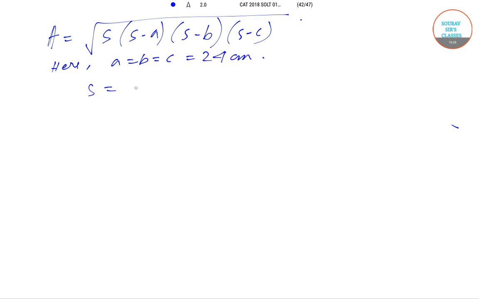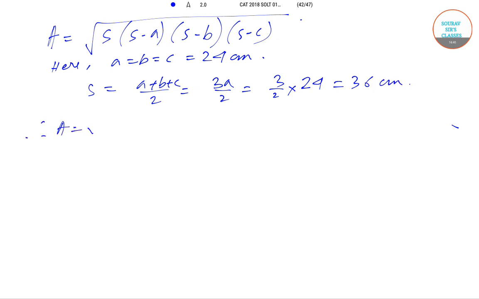So therefore s here will be equal to a plus b plus c by 2, which will be thrice of a by 2. So this will be 3 by 2 into 24, which will be 36 centimeter. So therefore area will be basically equal to root over 36 into 12 into 12 into 12.